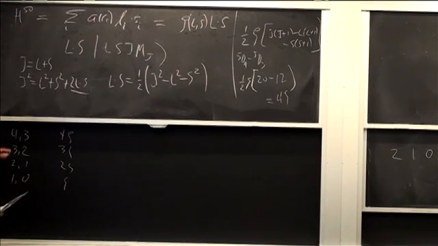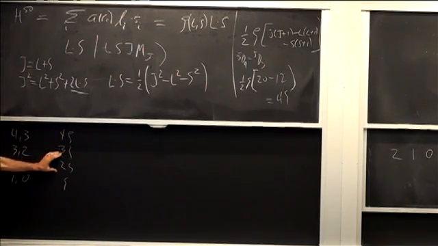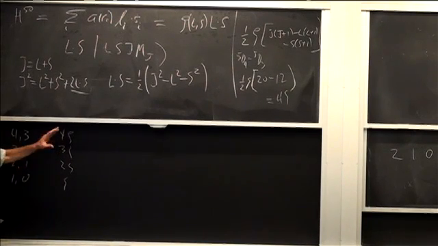Okay, so we have the expectation that the spacings between spin orbit components are going to have certain ratios. 4-3, 3-2, 2-1. If you have integer J, they're going to be integer ratios.